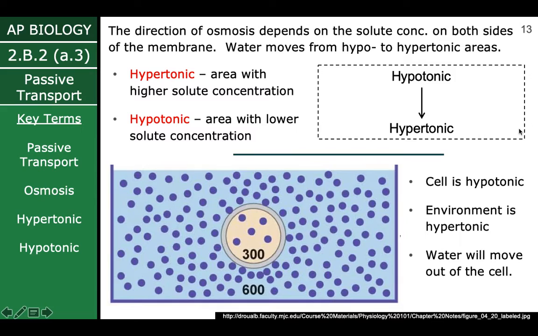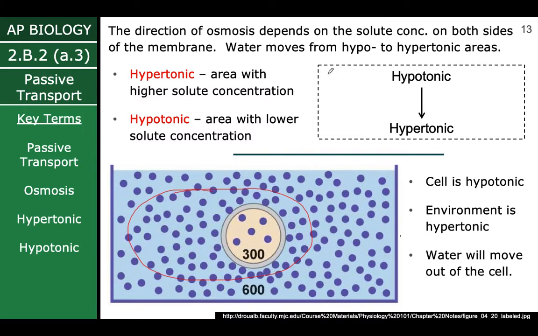If you look at this little diagram right here, there are a lot more solutes, a lot more of these purple dots outside of the cell. Here's my cell, and the outside has a ton of these dots. The inside doesn't have very many dots, but notice that the outside also has a much larger volume.